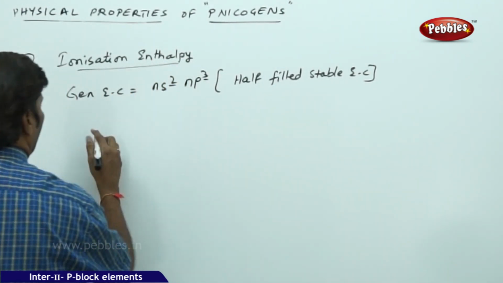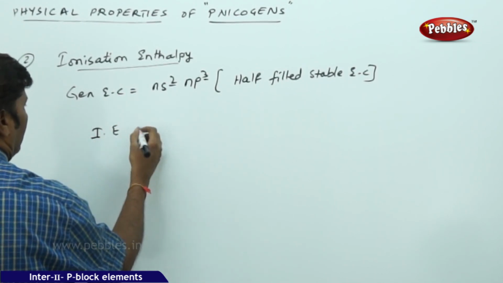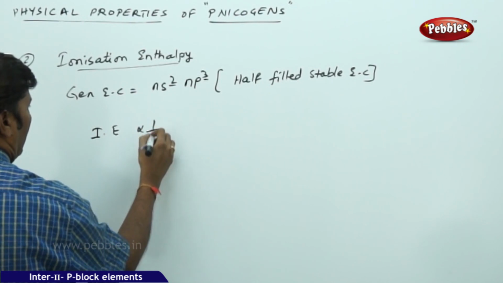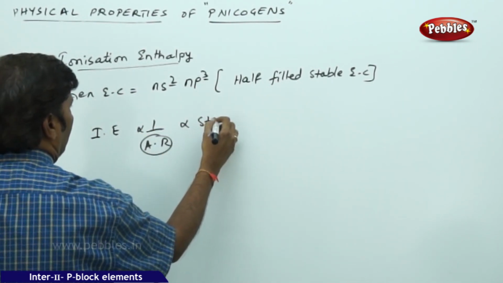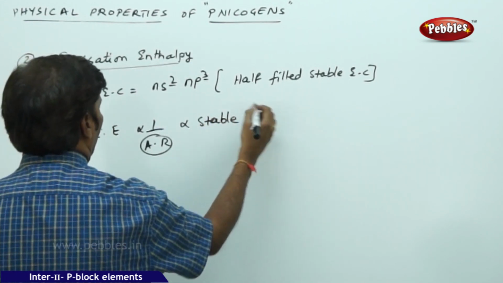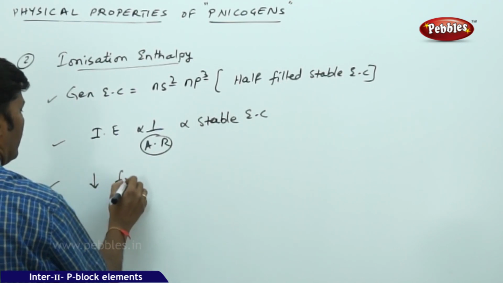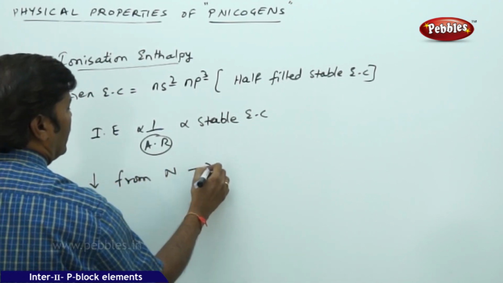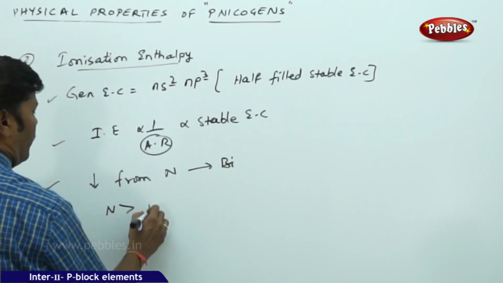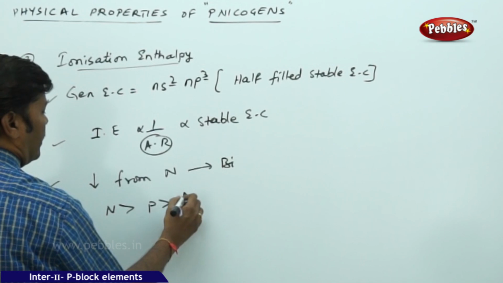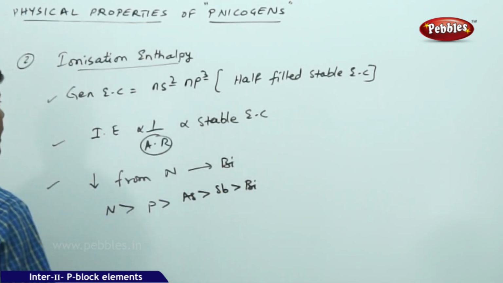Ionization energy is inversely proportional to atomic radius and stable electronic configuration. So ionization enthalpy decreases from nitrogen to bismuth: nitrogen is greater than phosphorus, greater than arsenic, greater than antimony, greater than bismuth.